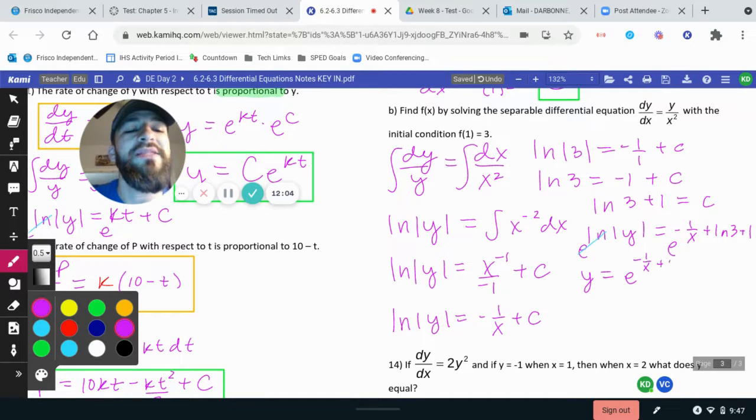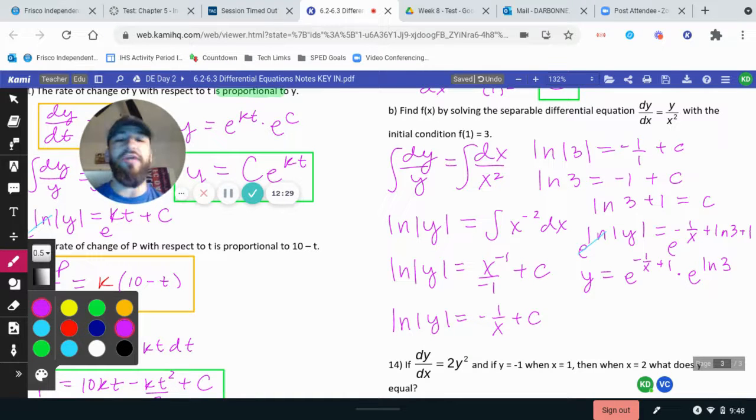So I'm going to leave this as e to the negative 1 over x plus 1 times e to the natural log of 3. Notice how I kind of picked and chose what I wanted to split up into separate bases of e. So negative 1 over x and 1, both of them are not going to get that base of e to cancel out. So I'm just leaving them as e to the negative 1 over x plus 1 because that's all going to stay like that. I can't get anything to cancel out.